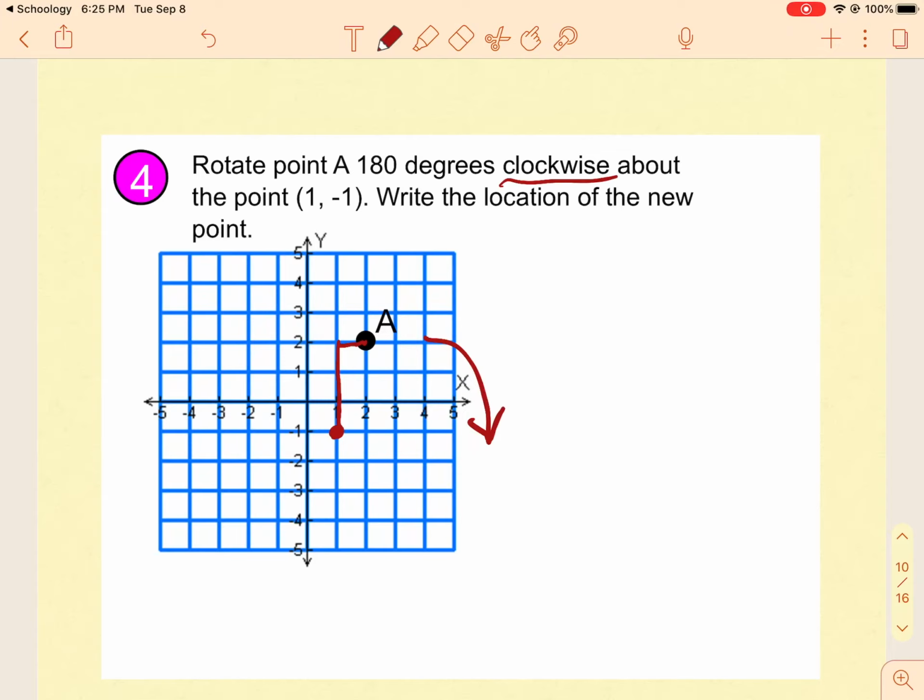So the 3 vertical spaces will now be 3 horizontal. The 1 horizontal is now 1 vertical, but then you would do it again, going from 3 horizontal to 3 vertical, and then 1 vertical to 1 horizontal, landing at 0, -4.